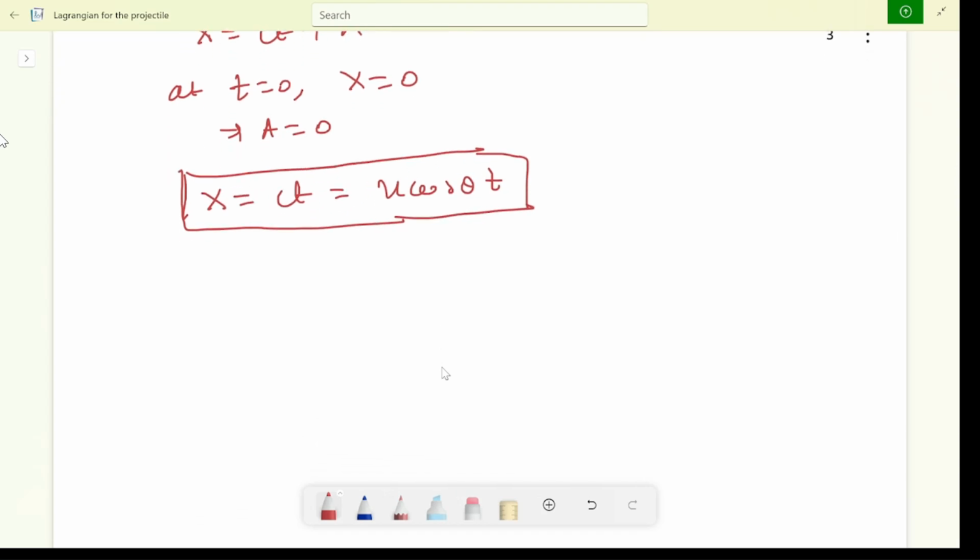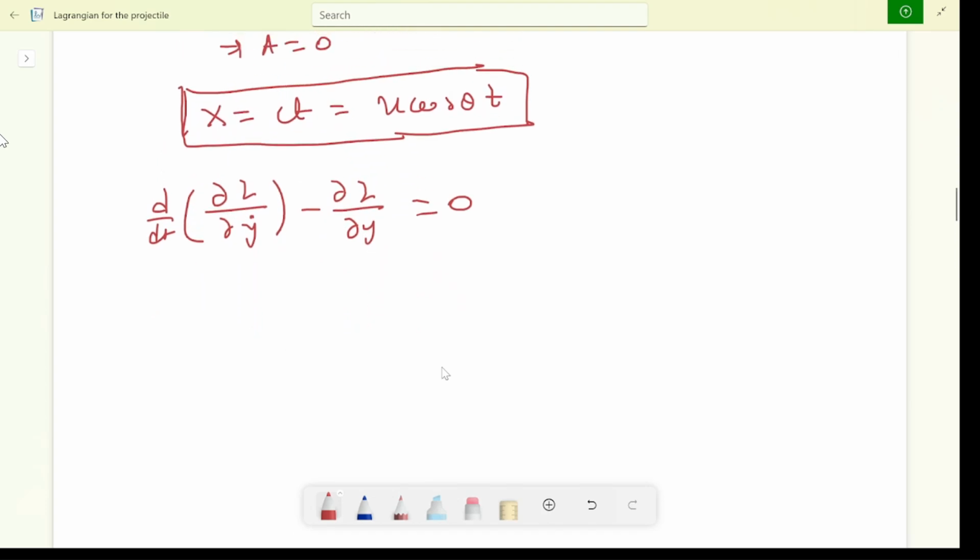The second Euler-Lagrange equation is going to be d by dt of dL by dy dot minus dL by dy is equal to 0. Now remember what our Lagrangian was. Our Lagrangian was just half m times (x dot squared plus y dot squared) minus mgy.